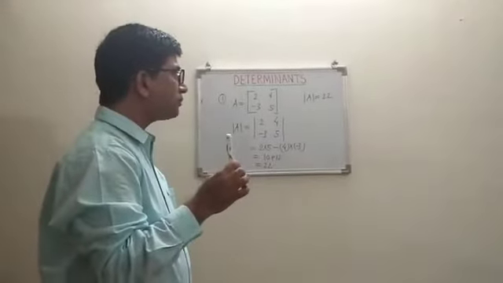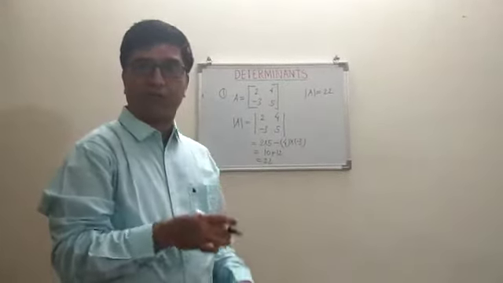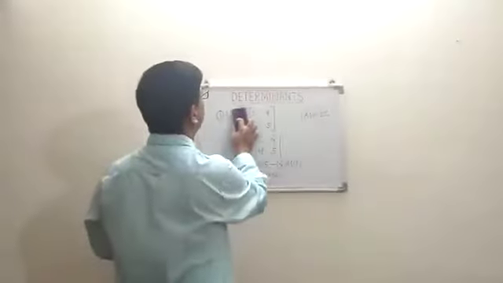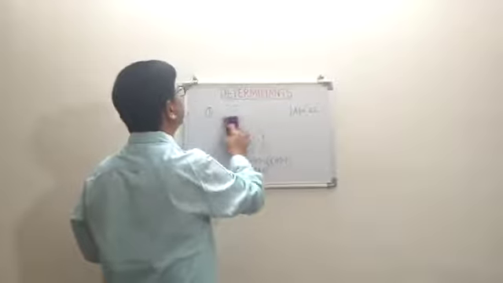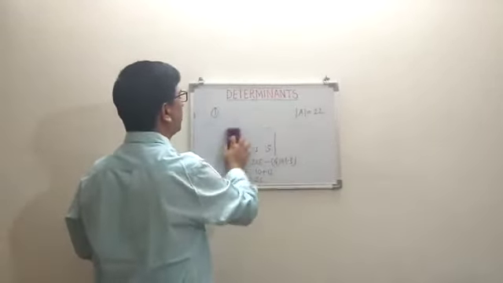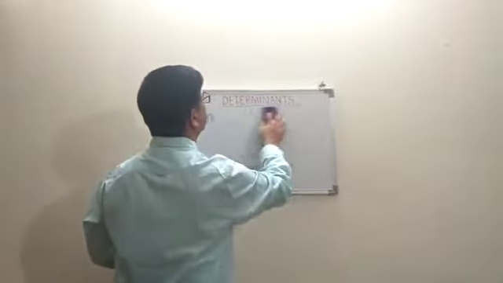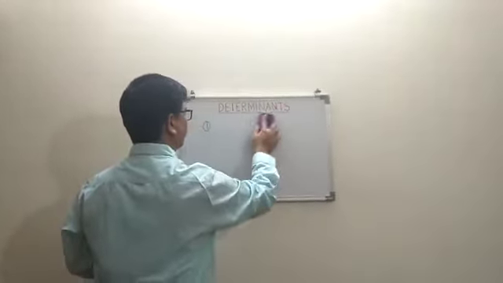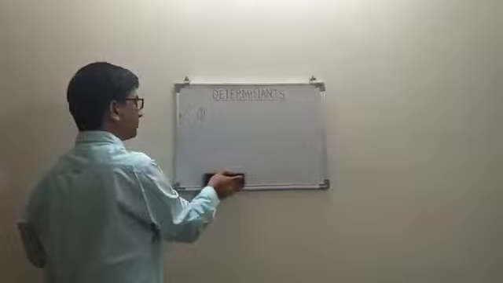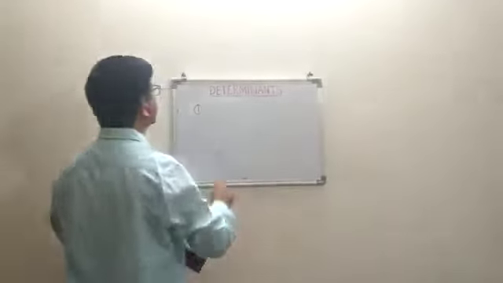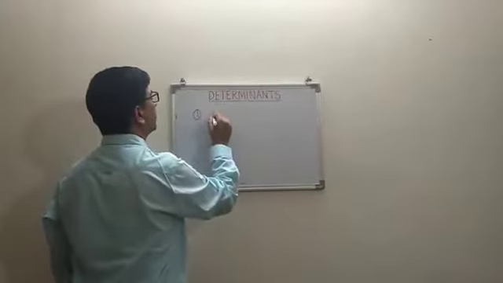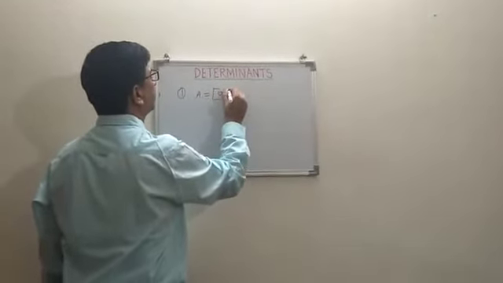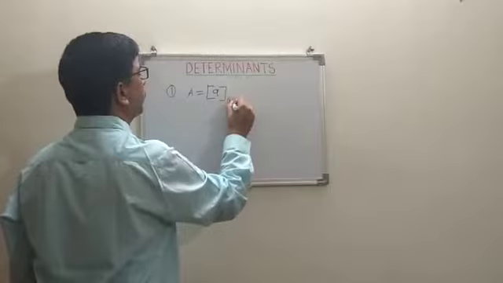For finding the determinant of every square matrix, for example, suppose we want to find the determinant of an order 1 square matrix. We have taken the matrix simply as A, that is a 1 cross 1 square matrix.